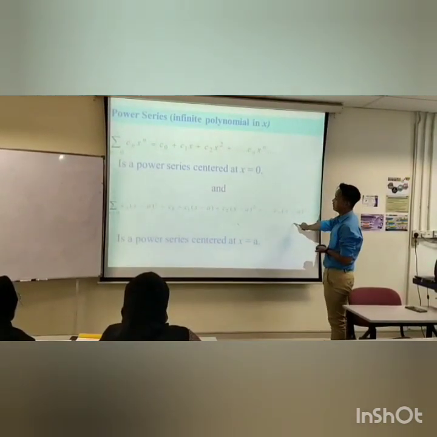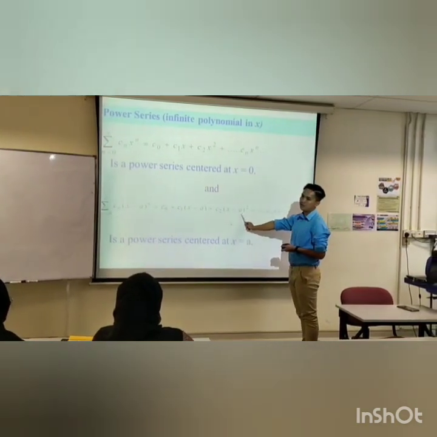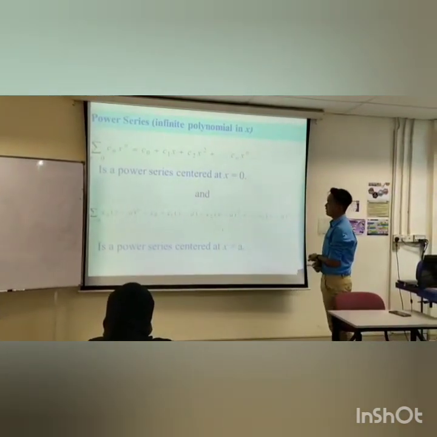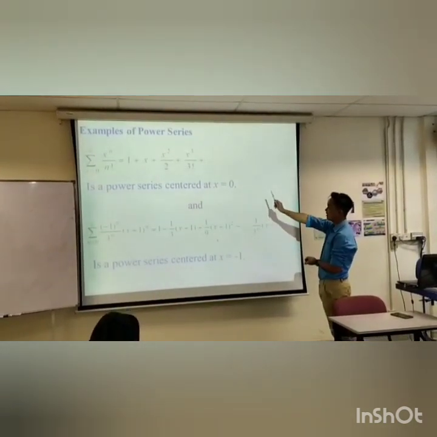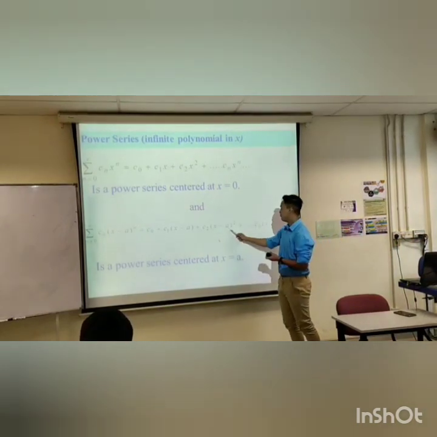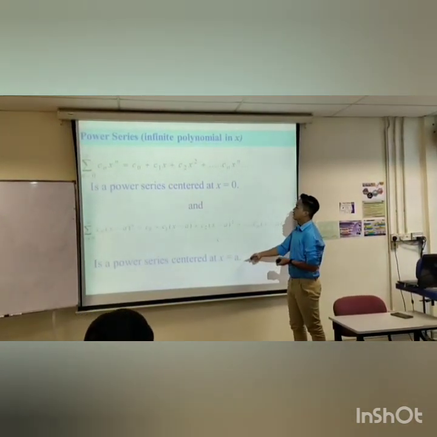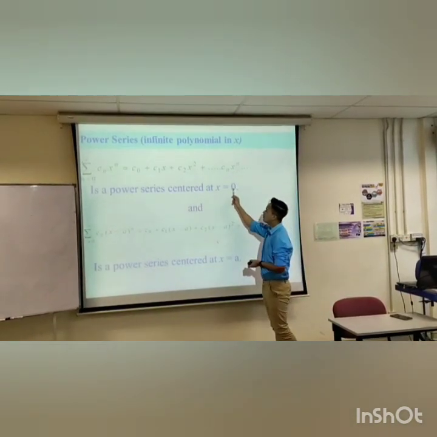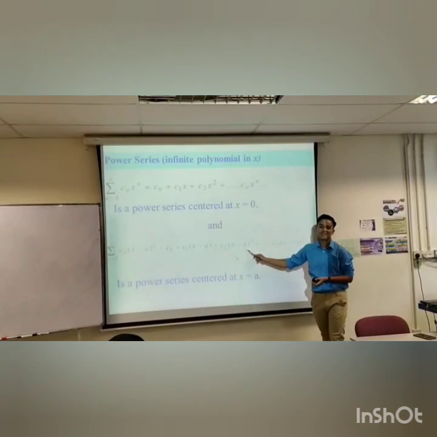You sub in the value whereby... wait, I'm sorry, a is not the first term, whereby a is equal to x. So if it is centered at 0, it will be 0. If it's centered at a, it will be a. I'm sorry for the mistakes just now.